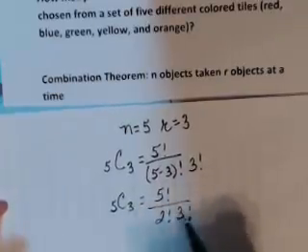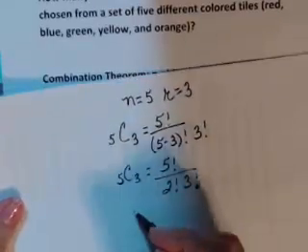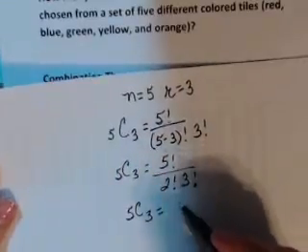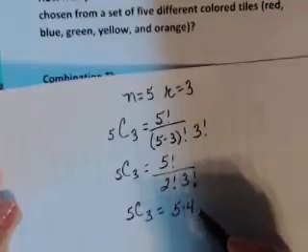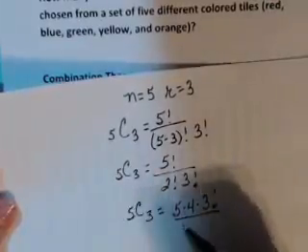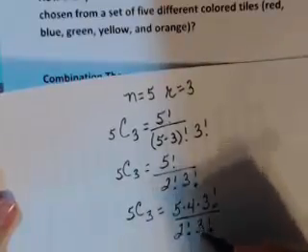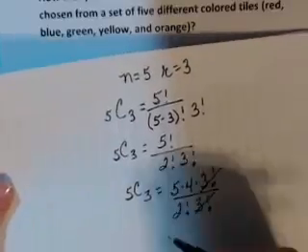Now you can't multiply the factorials together, but we can write them out. So I have 5 times 4 times 3 factorial. So I'm going to stop there because the 3 factorial cancels out.